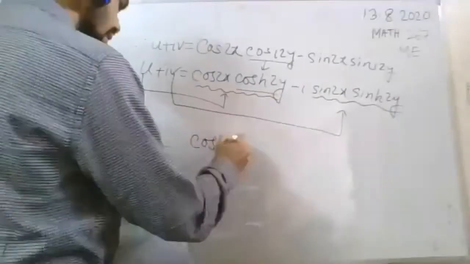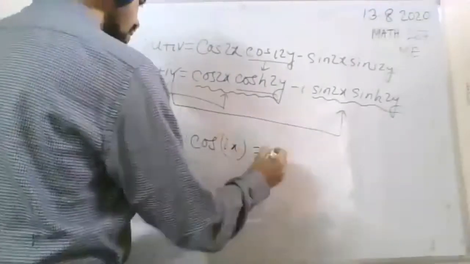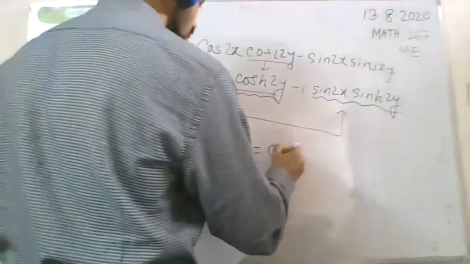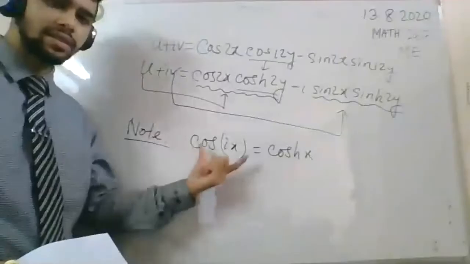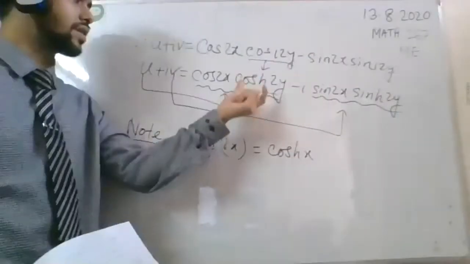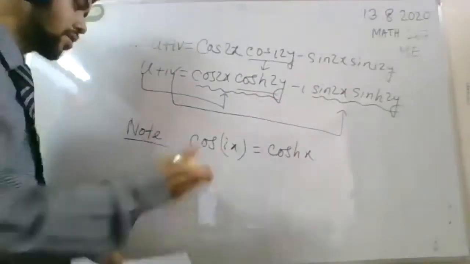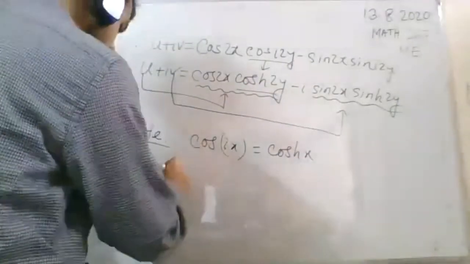Take cos ix equals cos hyperbolic x. Now we have to prove this. Then you can also easily say that cos i2y is equal to cos hyperbolic 2y. So take a look here.